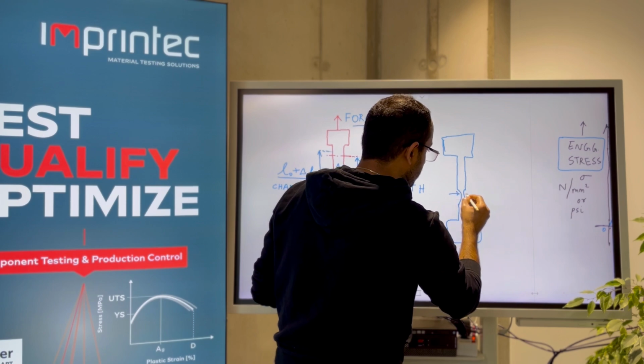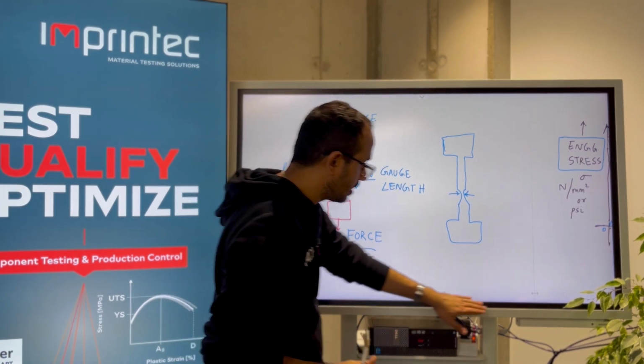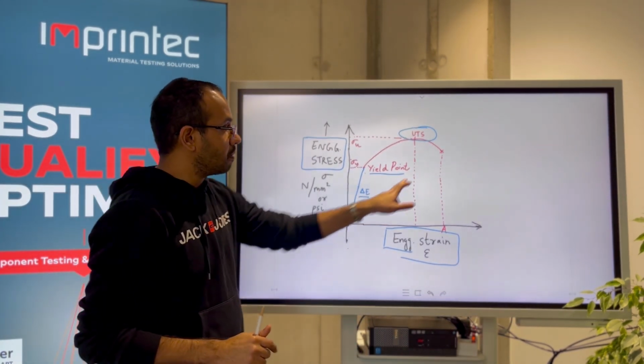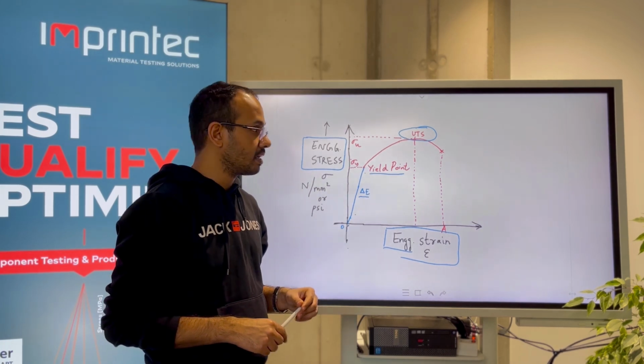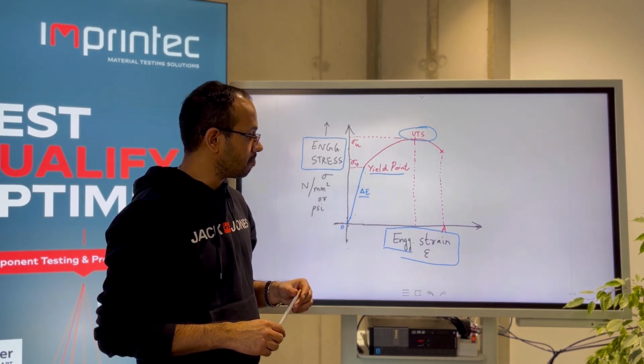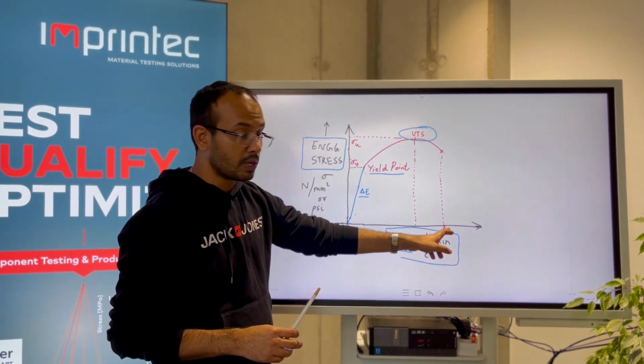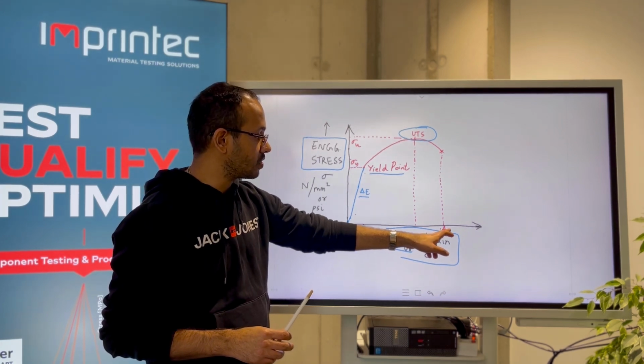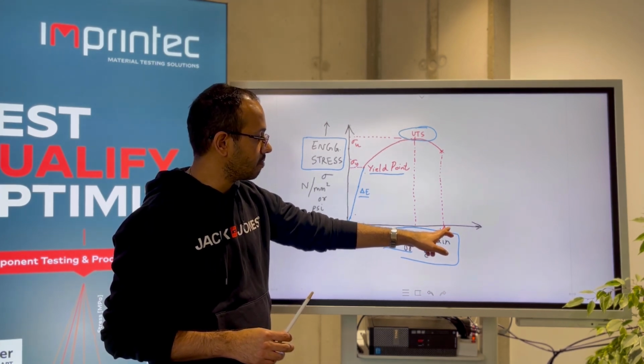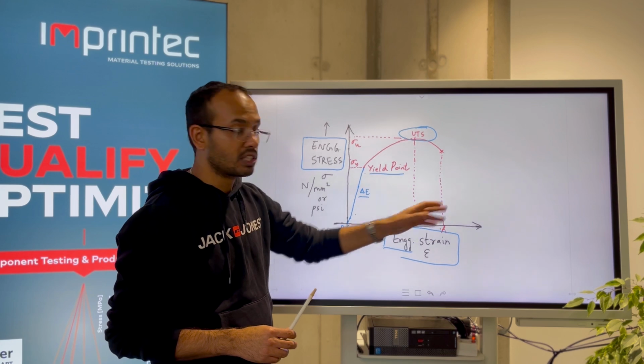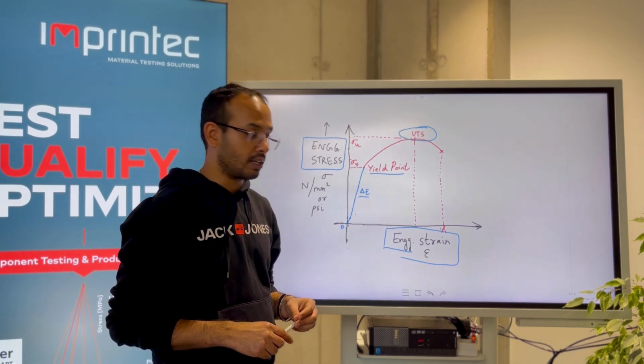The area decreases here until it finally breaks at this point. The final break strain is then measured as A. This gives you the final ductility of the material.